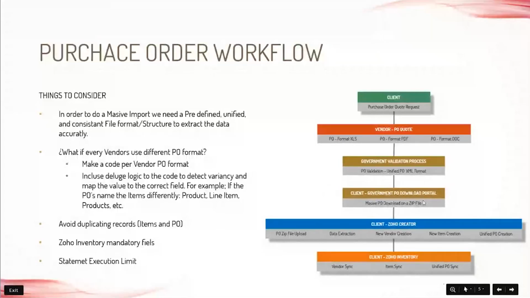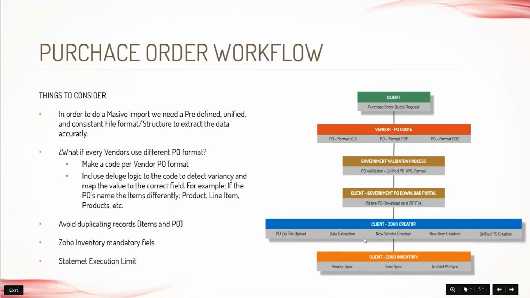Some of you will have to start from the purchase order creation. Some of you will have to start from the vendor quote that they will send to us. But in our case, or if your country has a unified validation of invoices, I would recommend to get it from there. So as you can see, we got the PDF, the zip file uploaded. We extracted the data.